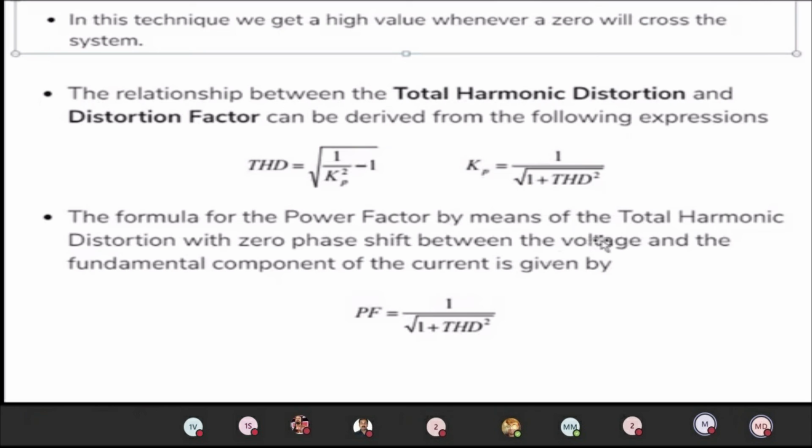The formula for the power factor by means of total harmonic distortion, with zero phase shift between voltage and the fundamental component of current, is given by this. So finally we can come to a conclusion. If the total harmonic distortion is known, we can calculate the power factor as PF is equal to 1 by root of 1 plus THD whole square.